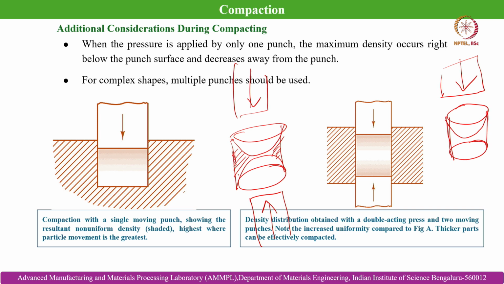So, what will be the implications of this? During sintering, as these are the areas where the density is lesser than the other areas, there will be a differential densification rate, which will cause higher shrinkage in these corner regions because of the lesser green density achievable.